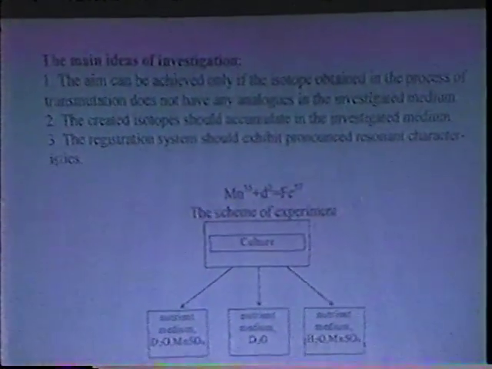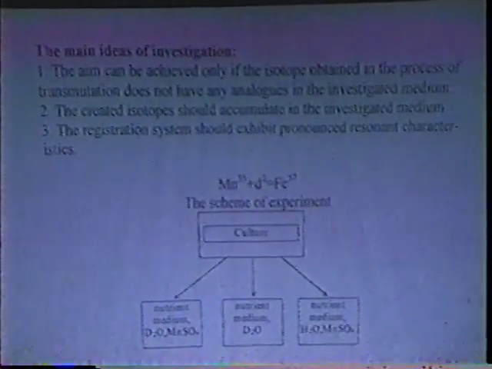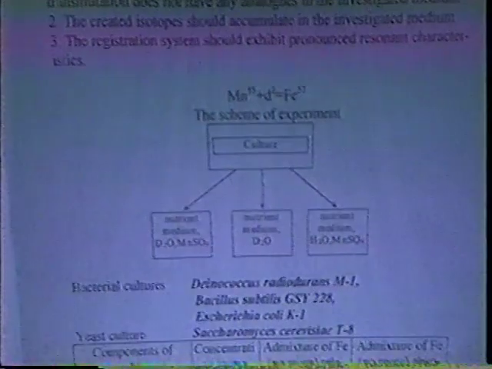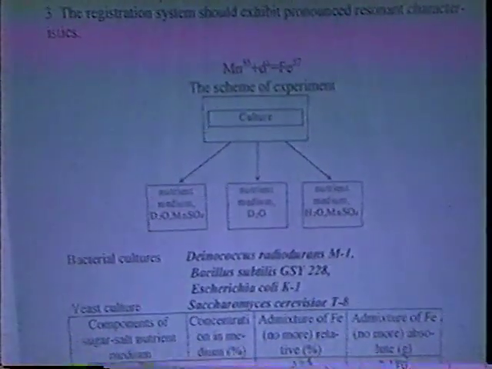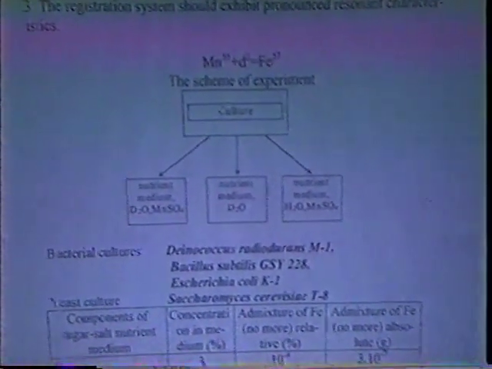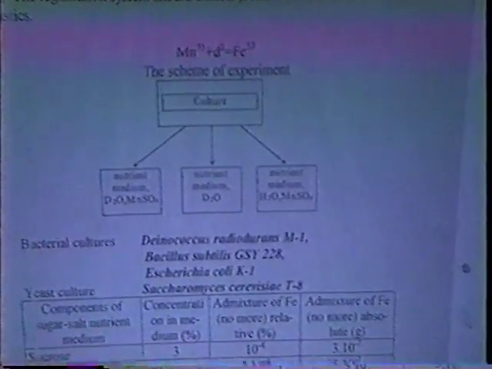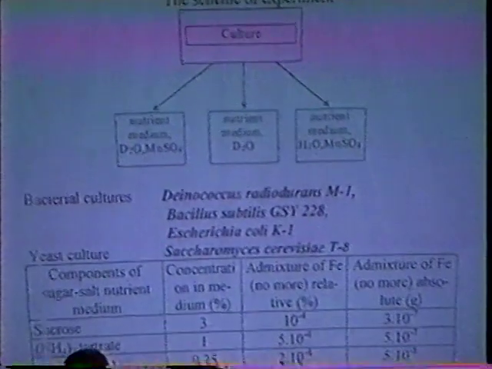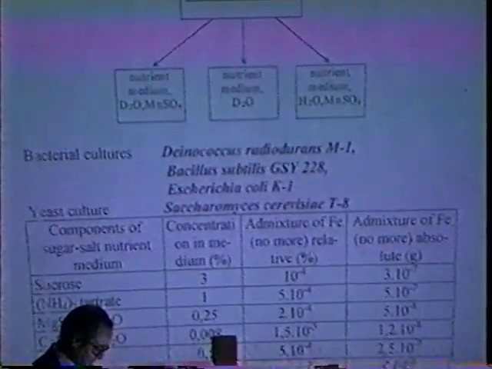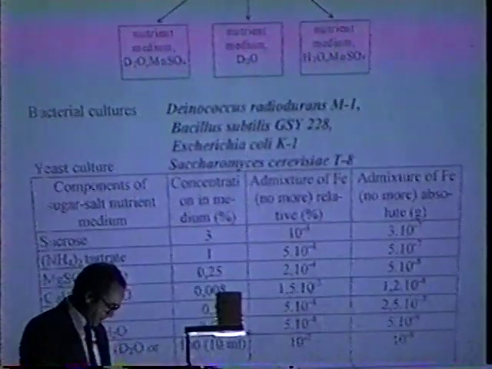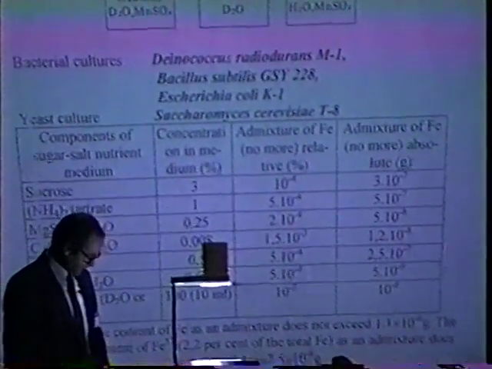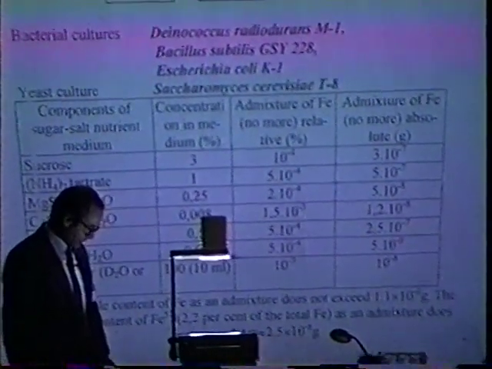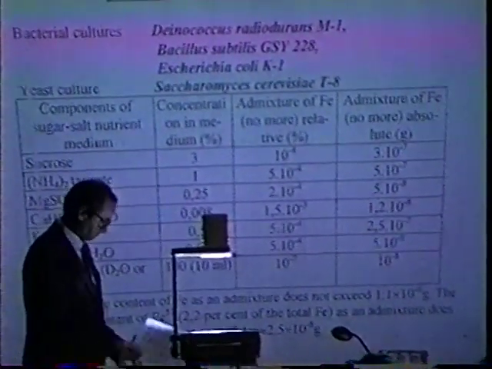The experiments are based on the expected reaction in growing microbiological culture in heavy water supersalt nitrate medium deficient in iron by additively containing manganese. The direct result is generation of stable rare iron 57 isotope, the concentration of which in natural iron is very low. The iron 57 isotope obtained in small quantities can be easily discovered by means of the Mössbauer effect.